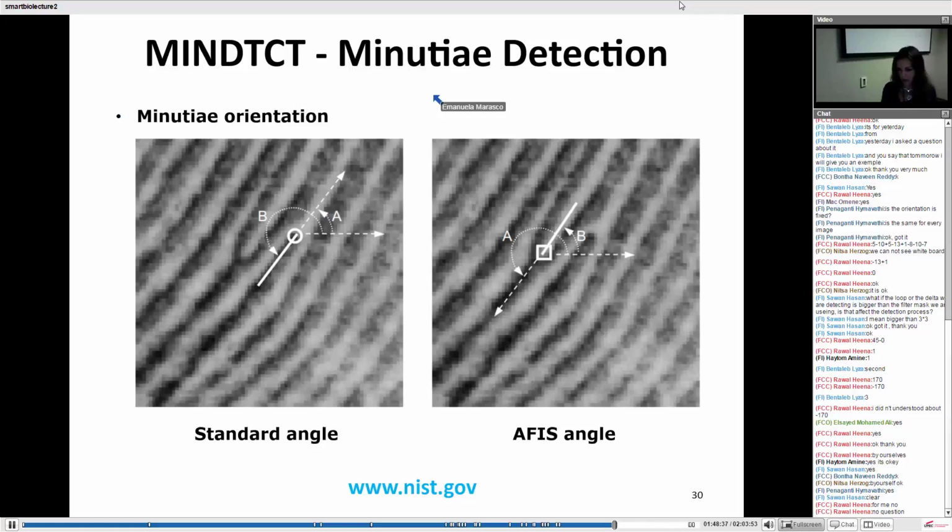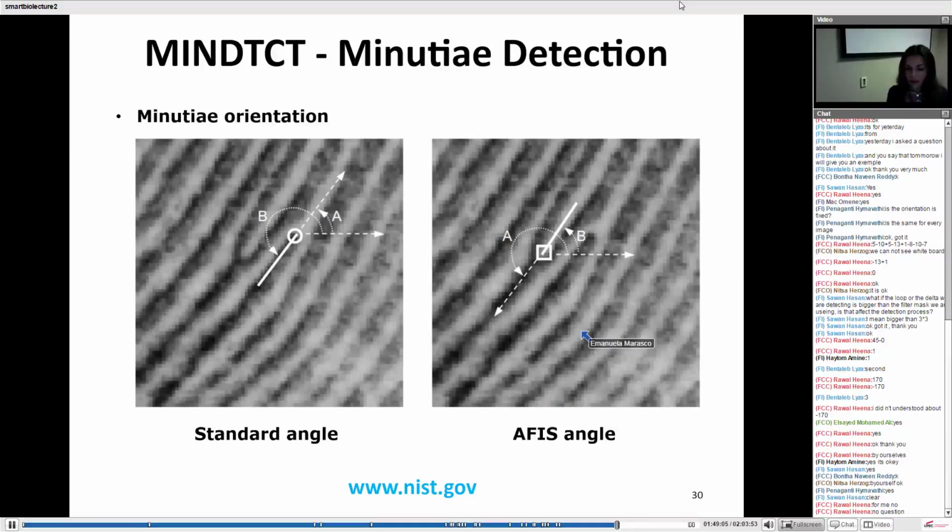Alright, that was the location. We also have the orientation information associated with a minutia point. So again, the ending minutia with a certain angle. This is the tangent to the ridge, relative to the x-axis. B is the standard angle, right?